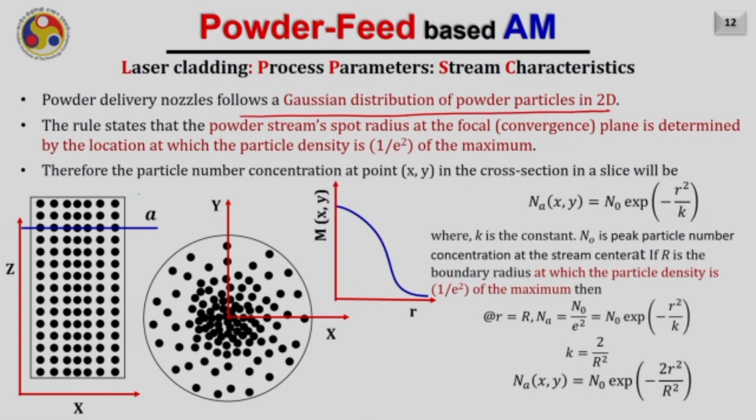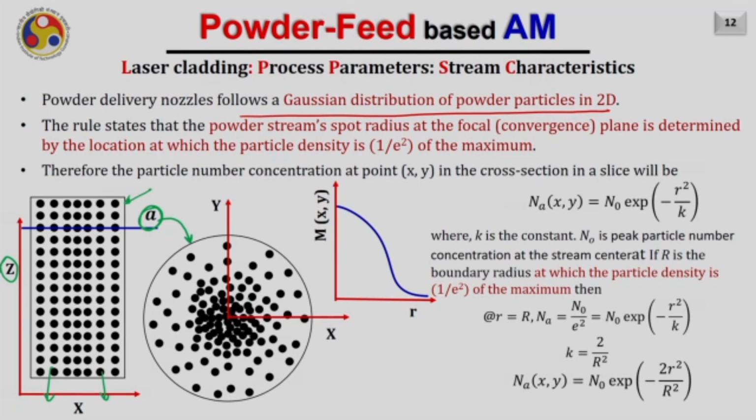So assume that this is your powder stream. I am right now considering a uniform cross section along the z-axis, and the powder particles are moving towards the bottom. Now if I take any slice, for example at a particular region and call it A, and see the top view of the powder distribution at this slice, it will look something like this, and it usually follows a Gaussian distribution of powder particles.